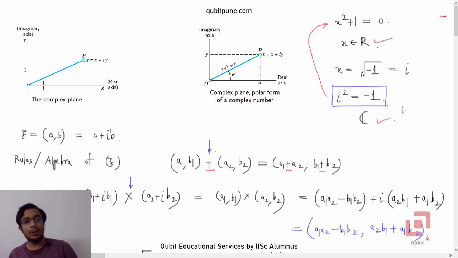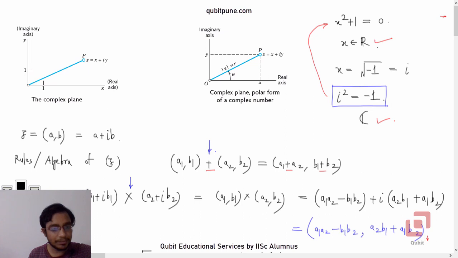Now let us go to the geometrical representation of the complex number. This is what we call the complex plane or the z plane. The conventional x-axis, we were already calling it the real axis. This represents the real part of the complex number, which is a or x.